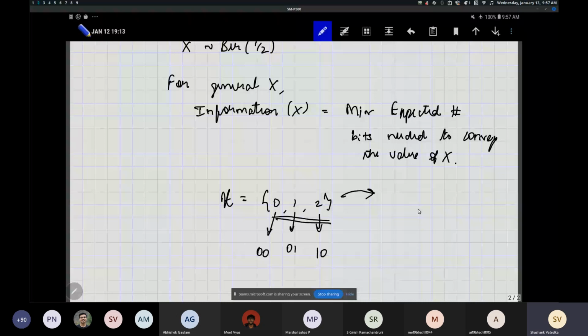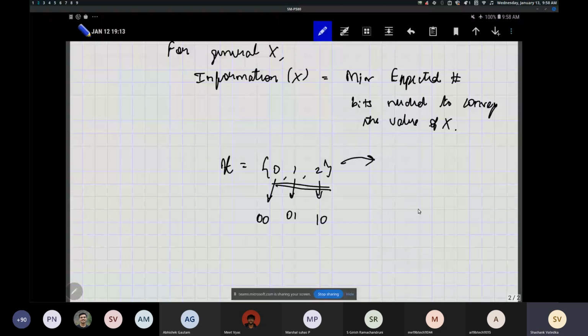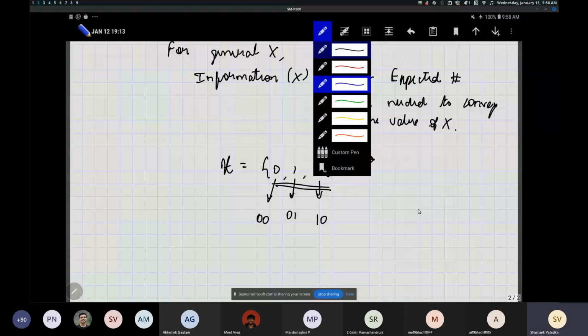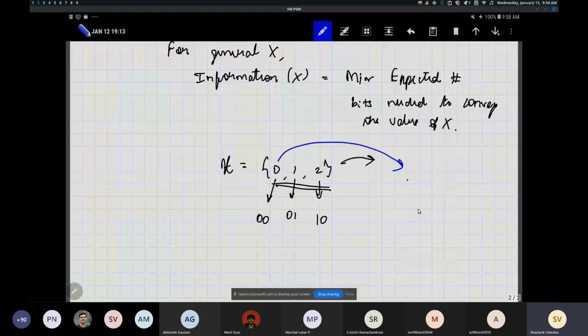Now this is assuming that I use the same number of bits to represent each of these values. Now what I can instead do is the following. Maybe for 0, I represent this using just the bit 0.